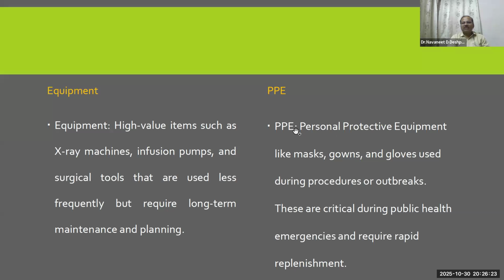Then comes your PPE, which was the latest addition during the pandemic, the personal protective equipment which doctors and nurses wear all the time from morning to evening, like masks, gowns, gloves, used during procedures or outbreaks, especially during surgeries. These are critical during public health emergencies, which during COVID were seen and required rapid replenishment. PPE is very expensive.